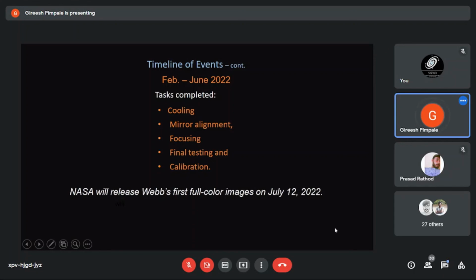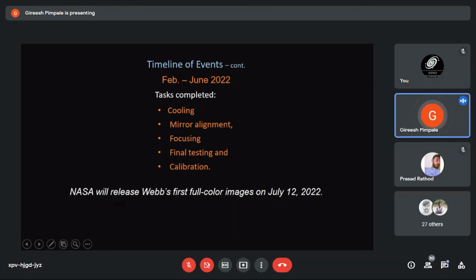And now the telescope is all set to reveal the treasures of the universe. NASA is going to release first full color images on 12th July. On 12th July, just 9 days from today.